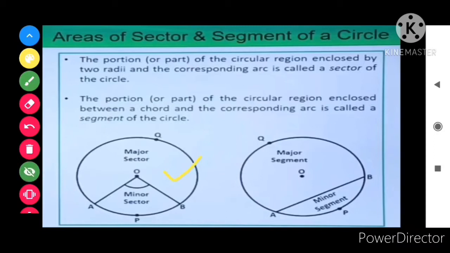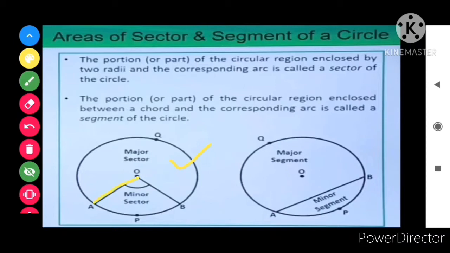In this circle, the portion of the circular region enclosed by two radii and the corresponding arc is called sector of the circle. You observe this picture. In this picture, I have drawn a circle, and in this circle, two radii.